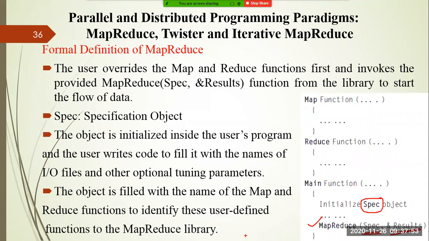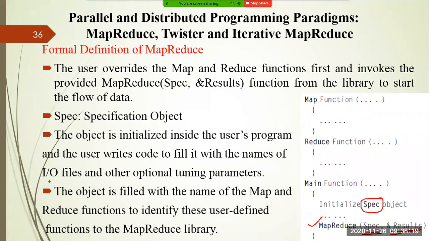Okay, where you have separately given the map and reduce function. So whenever you are invoking this MapReduce, you are invoking the library. This SPEC stands for your specification object, like you have seen in Amazon S3 also, where we call it the object.